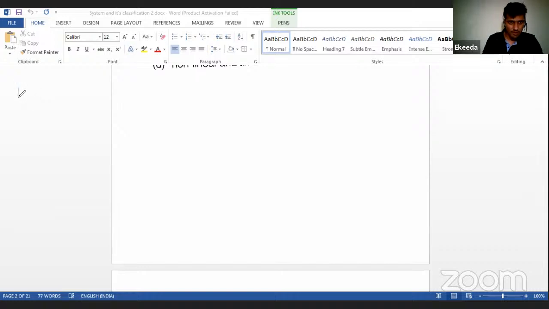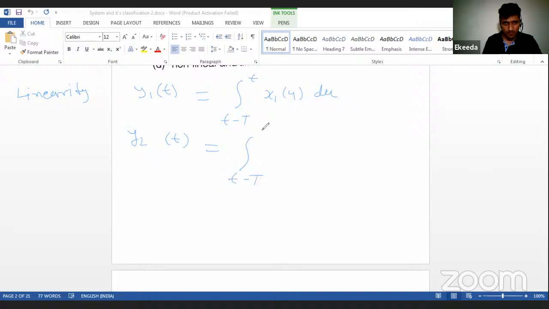For linearity, suppose the output is y1(t) when the input is x1(t), and the output is y2(t) when the input is x2(t).